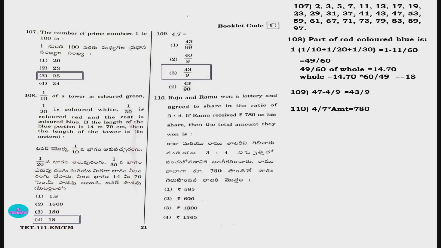And Ramu received 780 rupees. So what is the share of Ramu here? 4. So 4 by total is 3 by 4, that is 7. 3 plus 4, that is 7. So 4 by 7 of the total amount is equal to 780. So amount is equal to 780 into 7 by 4, that is 1365. So answer is option 4, 1365.